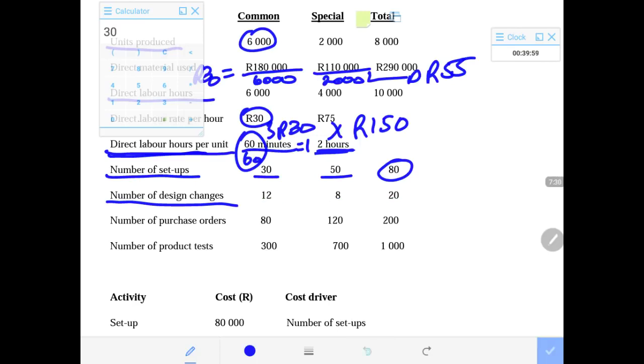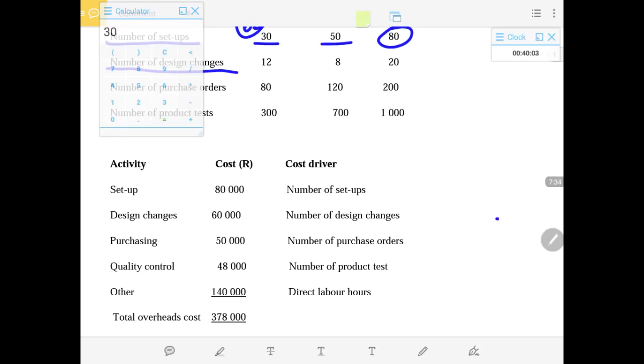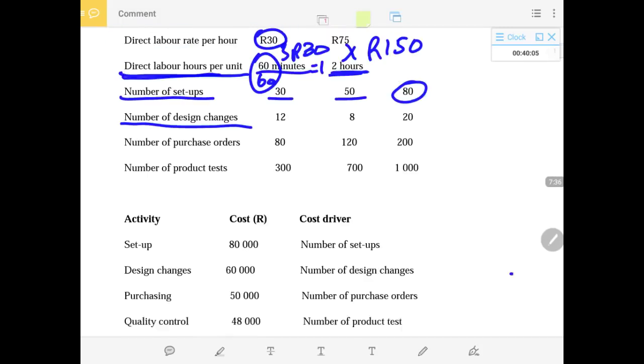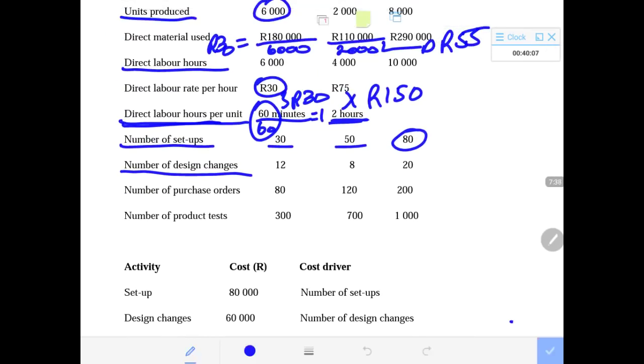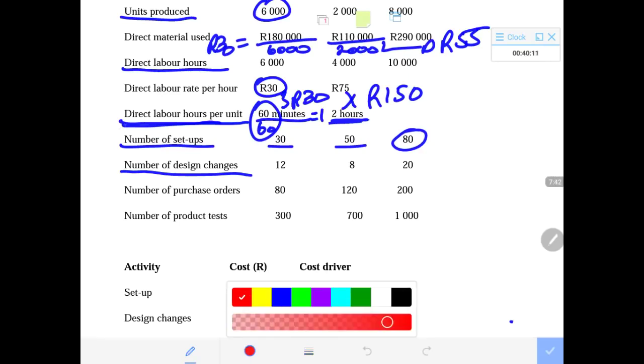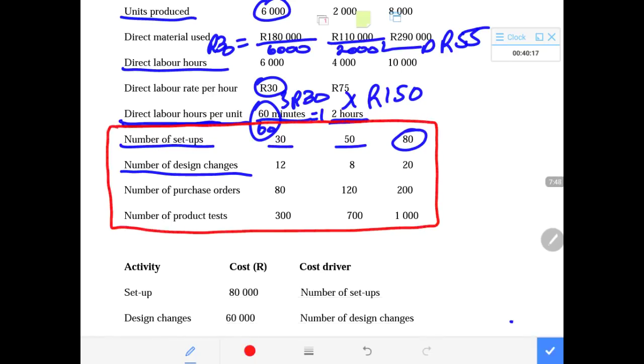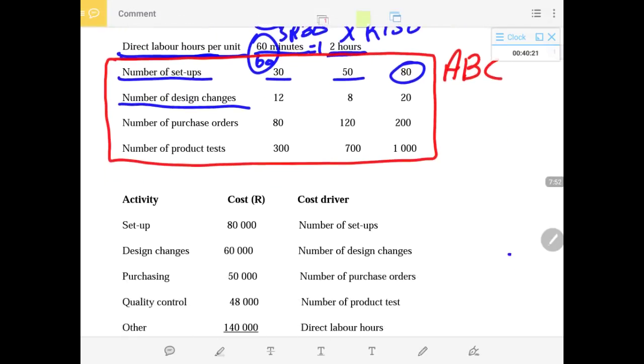So now let us proceed to the information that is necessary for ABC. And those who already know ABC will tell you that this information already relates to activity-based costing. This one has nothing to do with the traditional method. This already relates with ABC, and you can immediately say this is ABC.